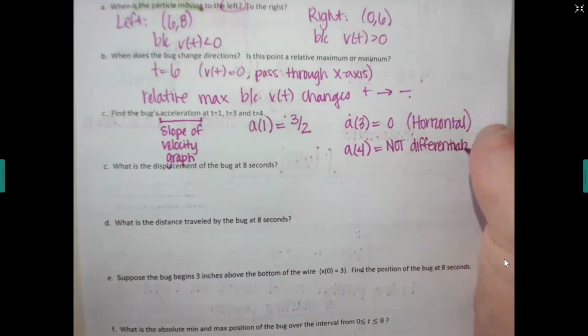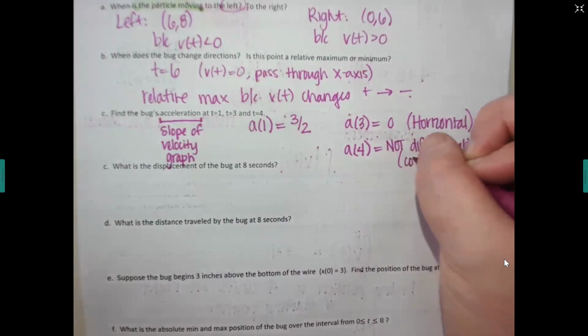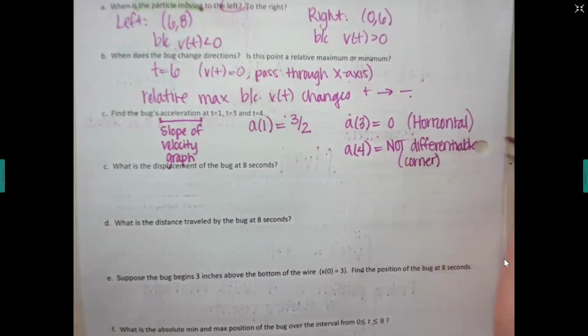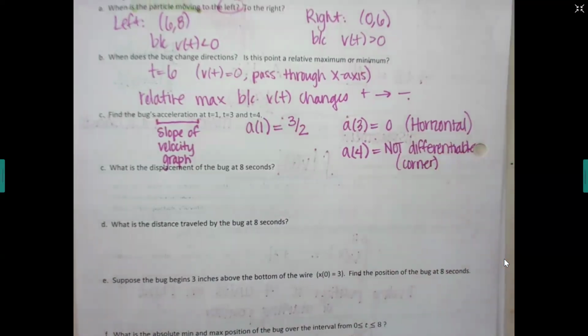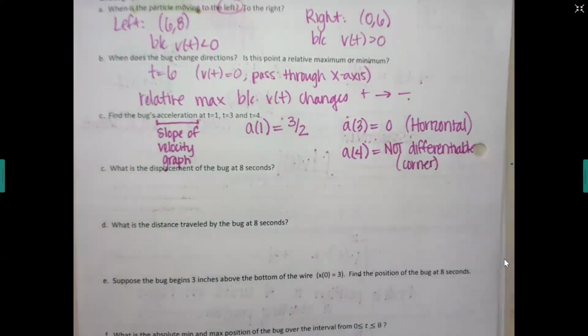Okay, and the reason it's not differentiable is because on a corner, you have different slopes on either side. I have a flat slope if you look at your graph on the left of 4, but then I have a downhill slope on the other side, so you don't know which slope to take. Okay, so on a corner, you can't take the slope, which means we can't calculate acceleration.